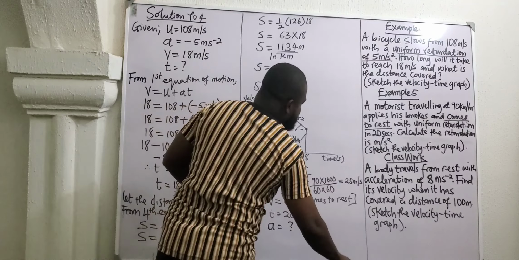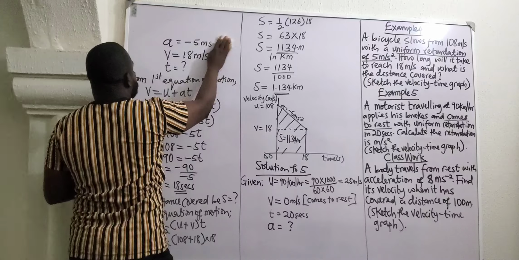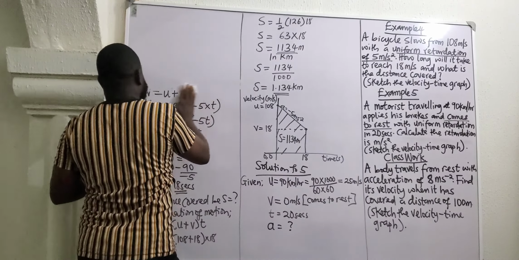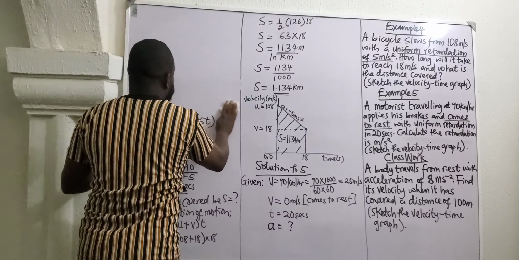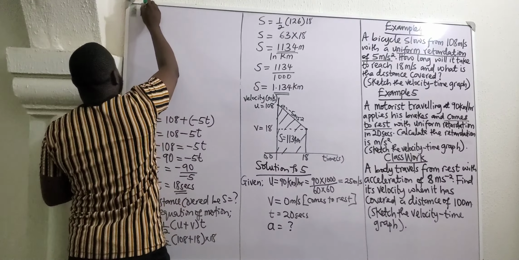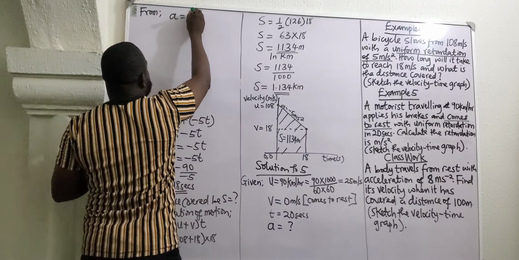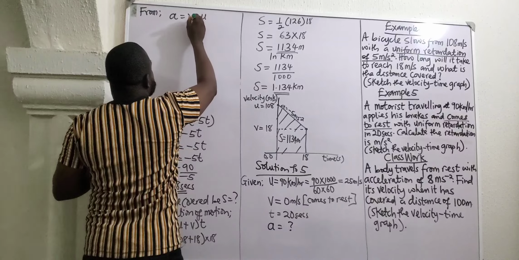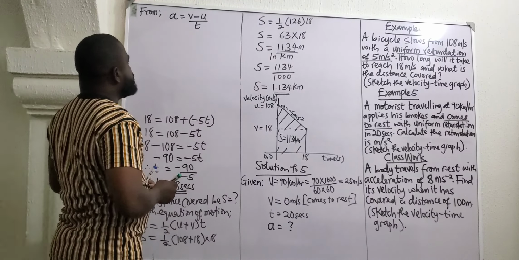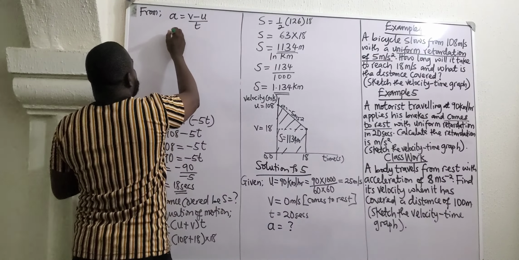So we have to use the formula for acceleration, or the definition of acceleration, which we use to obtain the first equation of motion. And what is that? A equals V minus U over T. We substitute our values.